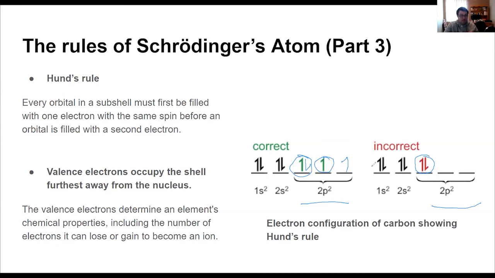Now, the thing to take note of is that you only get this doubled up subshell once every single one of these orbitals has 1 electron in it. That's the lowest energy arrangement. The other thing worth noting is that when we talk about valence electrons, we mean those electrons that are found the furthest away from the nucleus.